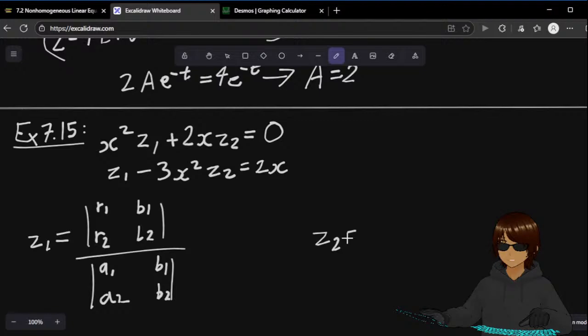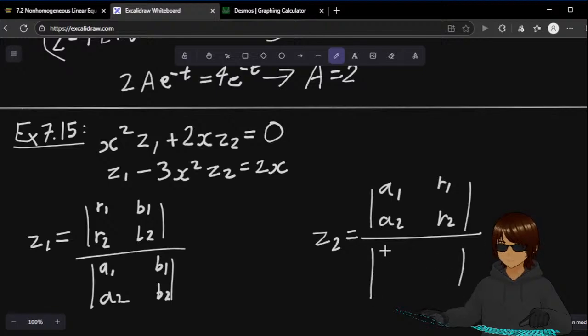And then Z2 is equal to A1 R1 A2 R2 divided by A1 B1 A2 B2.